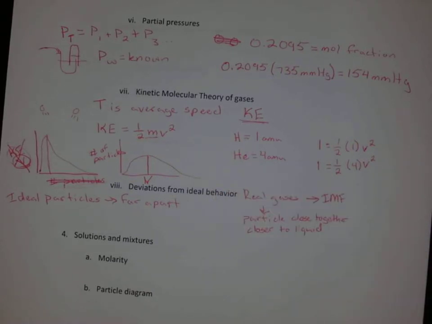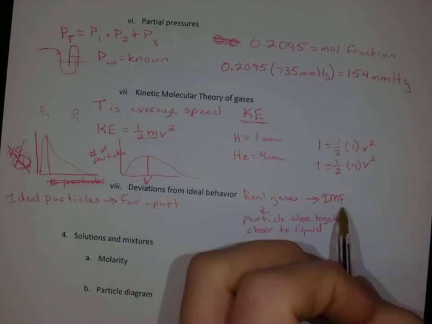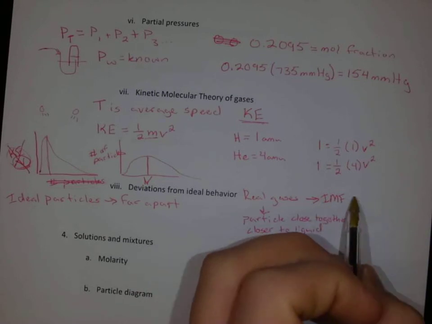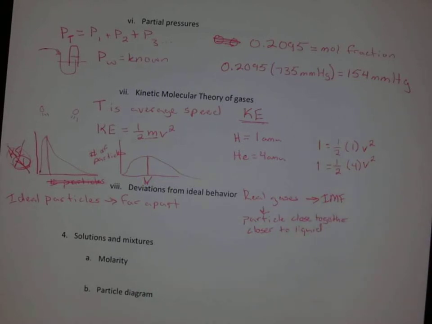Some gases, when they hit another gas particle, have that really sticky, really movable electron cloud. That means it's not going to bounce off as ideally. It's not going to bounce off the wall of our container really easily. So if we have intermolecular forces that are changing our gases, that's going to change away from our ideal behavior.